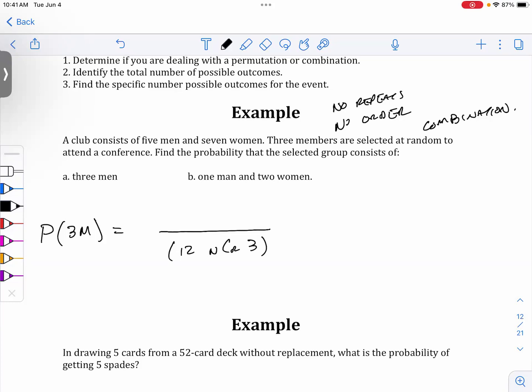In the numerator, this is like the counting we were doing for our junior senior council members. I have 5 men, I'm selecting 3 of them. And then of the 7 women, I'm selecting 0. And remember, 7 NCR 0, that's just 1. And that would actually get me the probability, which would be 0.05.